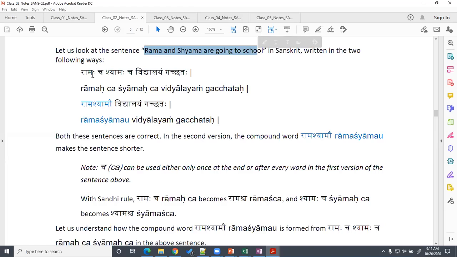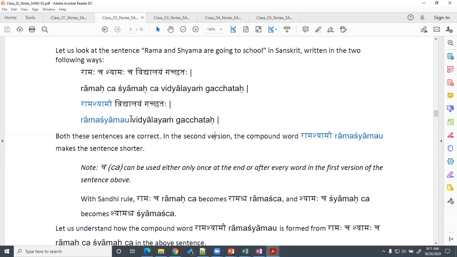So either I can say cha for the end mark, Ramaha cha, Shyama cha, or I can make a compound word, Rama Shyamau, Vidyalayam Gachata. So both of them are correct. Both of them convey the same meaning.